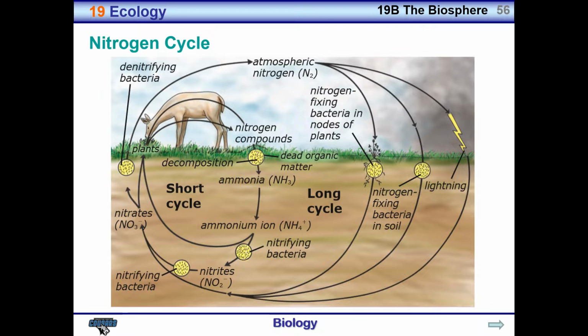They serve like fertilizer. So clover, beans, alfalfa, and peas are plants that add nitrogen to the soil.